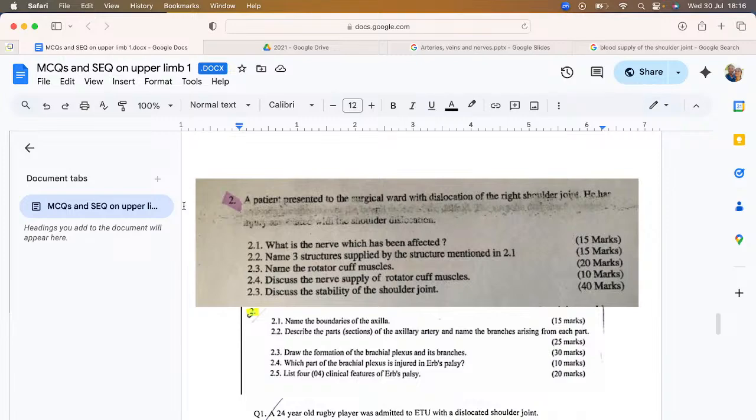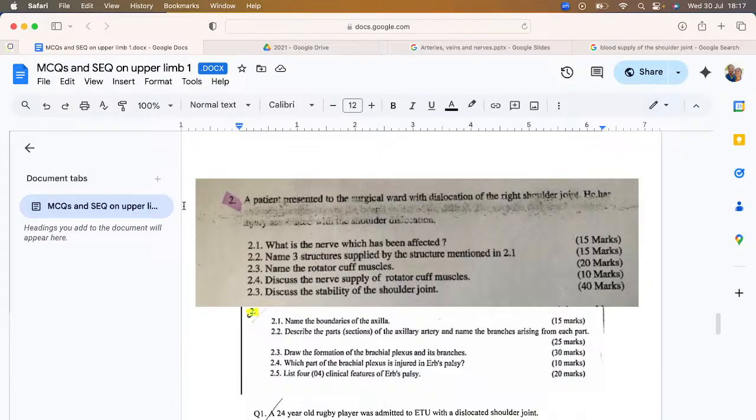Okay, so we have 4. Those are the supraspinatus, the subscapularis, the infraspinatus, and the teres minor muscle. They're expecting here 4 answers, so those are the ones that you're supposed to give.